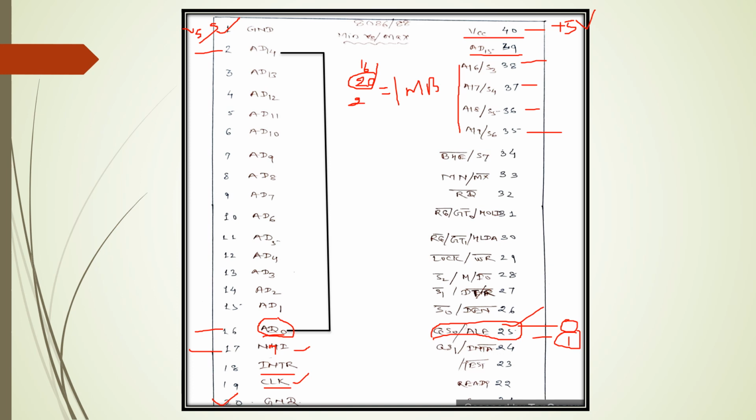Now come to the pins A16, A17, A18 and A19. A16 and A17 are S3 and S4, which act as status pins. Through these pins the microprocessor indicates which segment is being accessed.